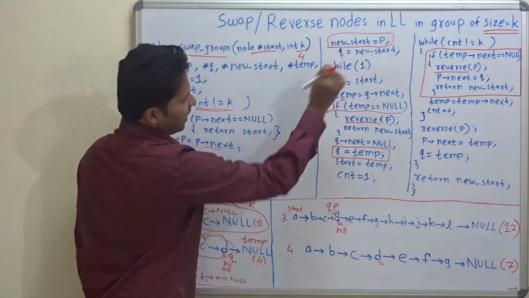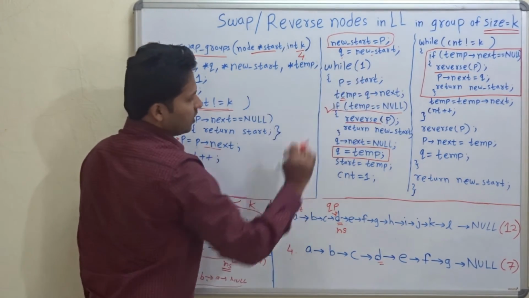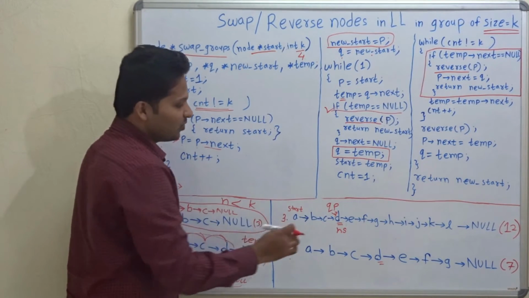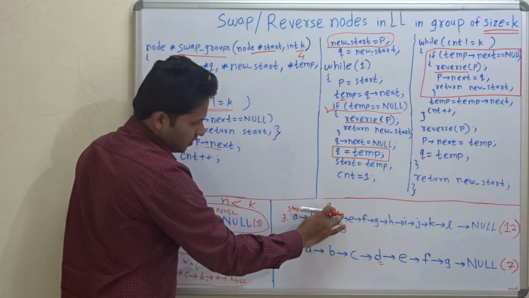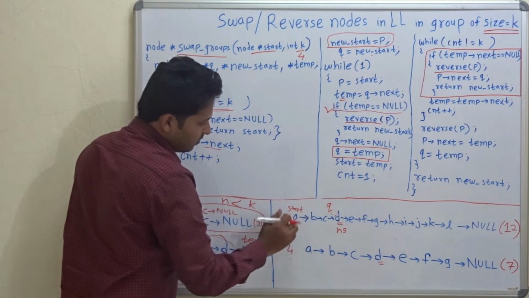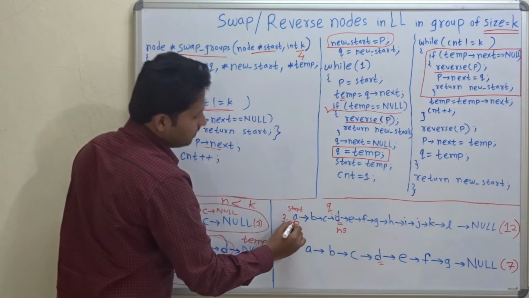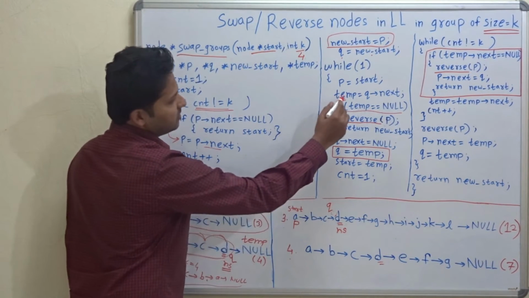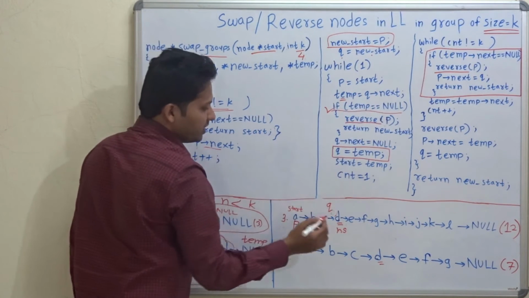Now in the while loop, P is equal to start. So as you know, P again points to start node, and then temp is equal to Q points next.